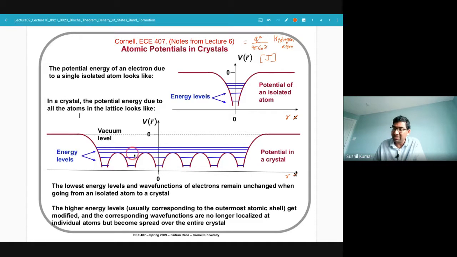But in this case, the wave function is actually localized in the whole crystal. Once you reach the valence states where the energy gets modified, the wave function is no longer localized to one atom. This is the biggest change that happens for the valence states. By the way, the energy states in both the conduction band and the valence band are due to valence states.